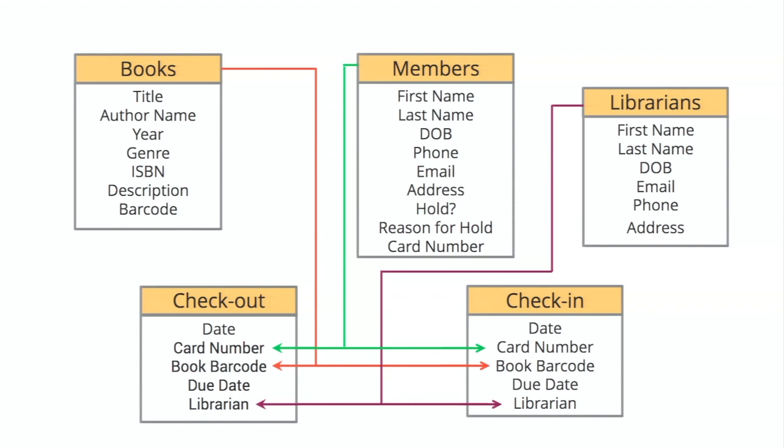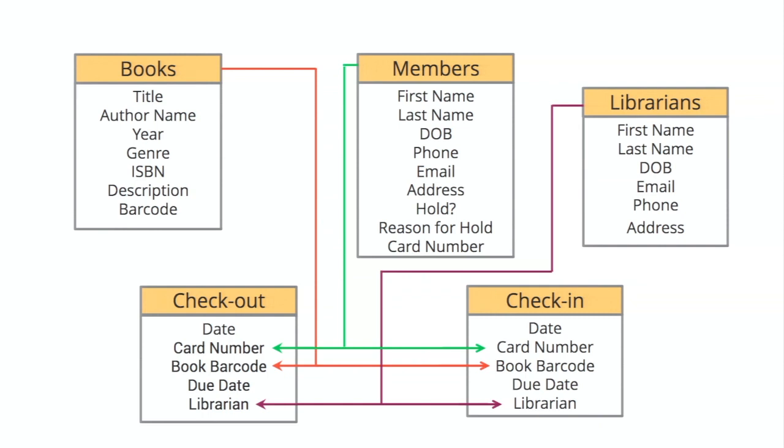And so this is kind of what the relationship diagram is going to look like when we flesh this out. We notice that there are books, we have members, we have librarians, and then we have checking out and checking in. And of course, what's interesting about this is that these top row entities are always being fed into the checkout and check-in process equally, right?